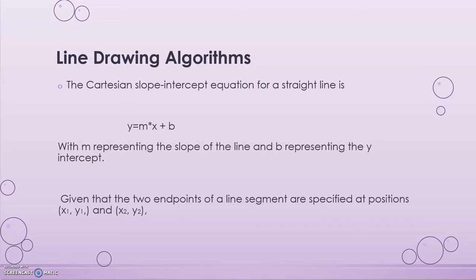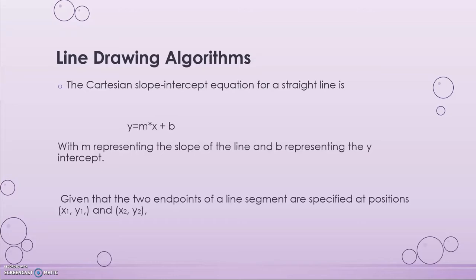We have the Cartesian slope-intercept equation for a straight line, that is y = mx + b, that we have studied in school classes. The equation of a straight line is y = mx + b, with m representing the slope of the line and b representing the y-intercept.